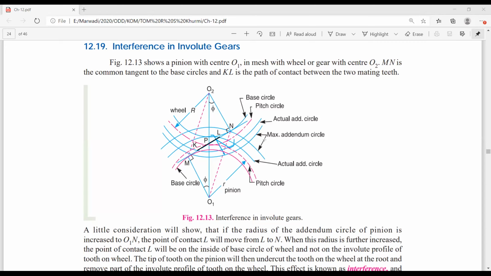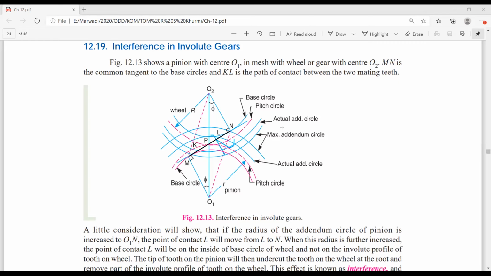We must not cross the point of tangency. So we can increase the length of path of contact, but up to the limit. So the maximum possible length of path of contact is MN.